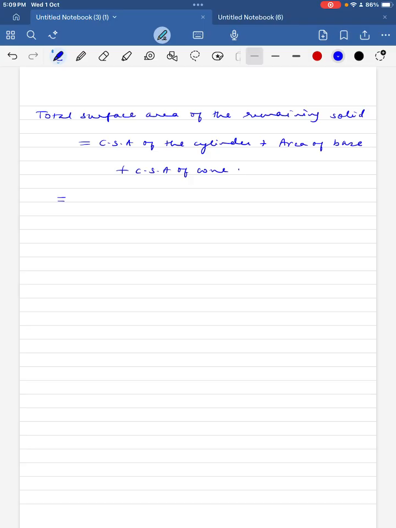Now we just have to substitute the formula here, which is CSA of cylinder we know is 2 pi r h, plus area of base is pi r squared, plus the curved surface area of cone is pi r l. In this you can take out pi r common and you would have 2h plus r plus l in the bracket. Let's substitute values. So 22 by 7 into 0.7 into 2 times 2.4 plus r, which is 0.7, plus l, which we had found out is 2.5.